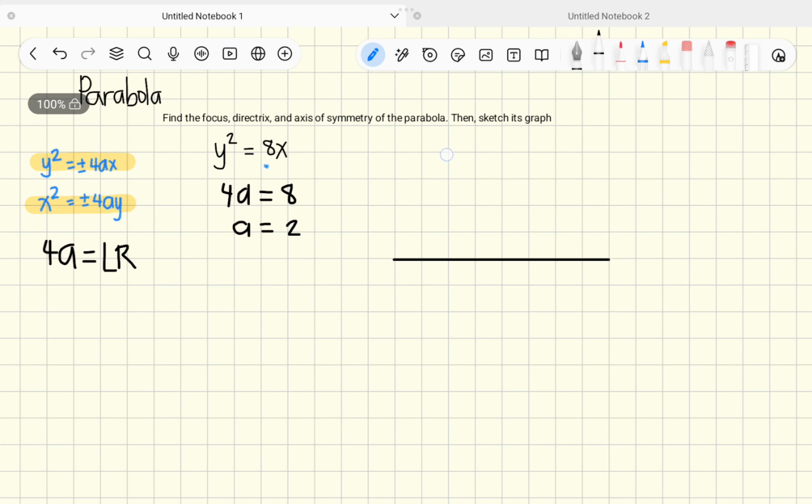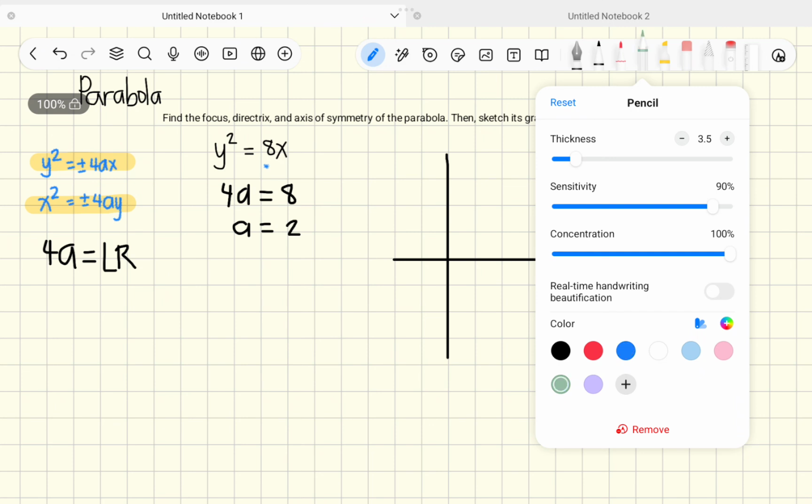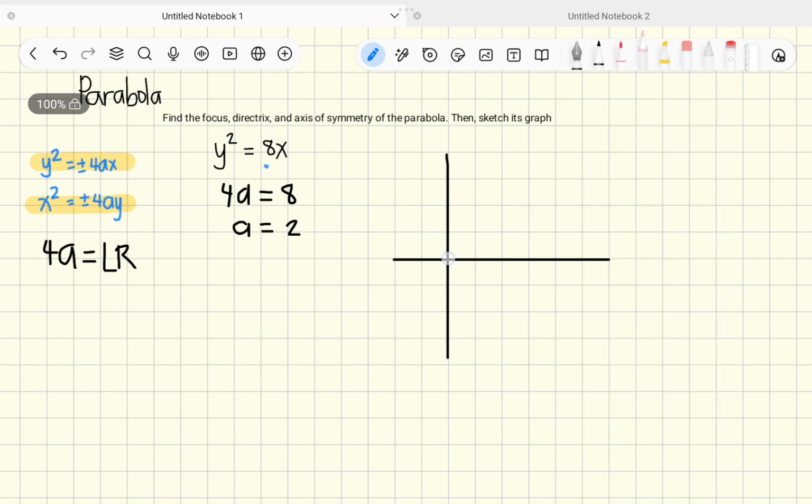So, for instance, this is your x-axis. This is the y-axis. And we have established that the vertex is at the origin. Here, this is the vertex. And your parabola will be facing the right side.